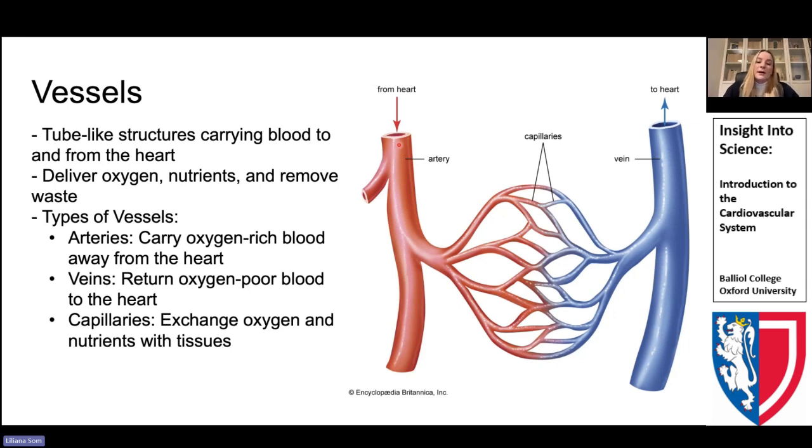And the veins are the ones that would return the oxygen-poor blood, except for, again, the lung. The most important vessels in the vascular system, a bit biased, but I think they are the capillaries. They are the surface for the exchange of oxygen and the nutrients.